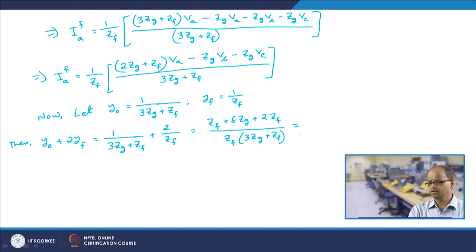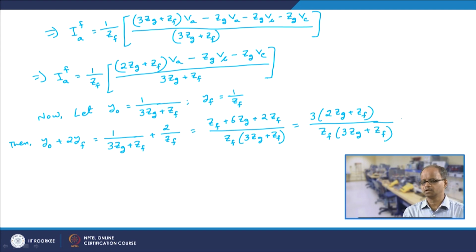So, 6Zg plus 2ZF by ZF into (3Zg plus ZF). This can be written as 3 into (2Zg plus ZF) by ZF into (3Zg plus ZF). This is equation 1.